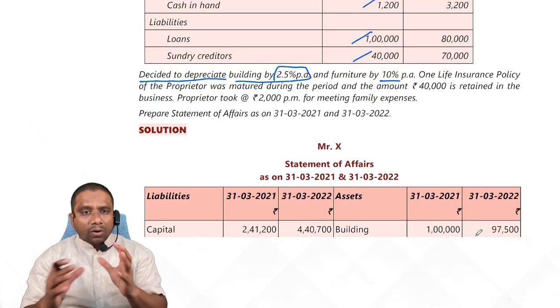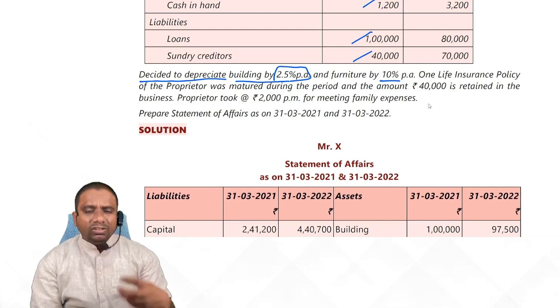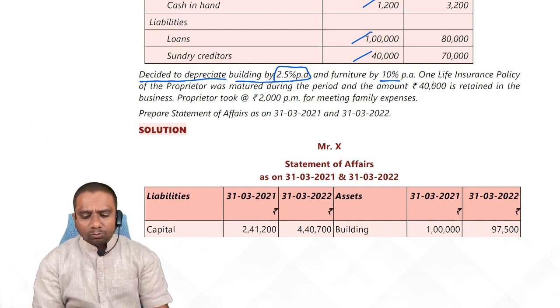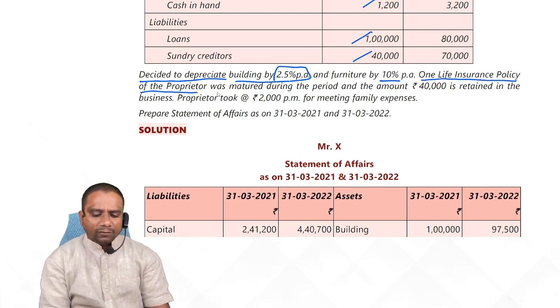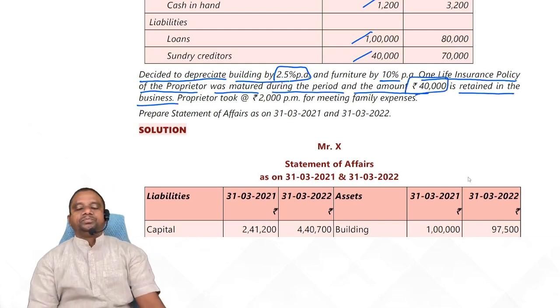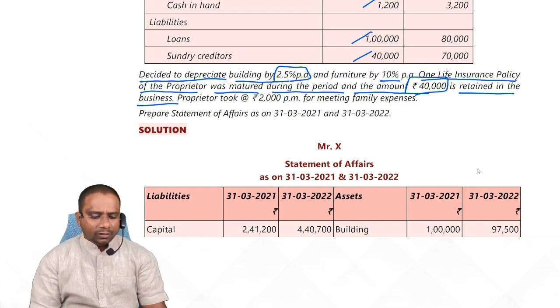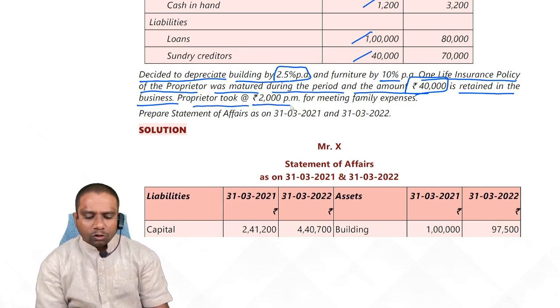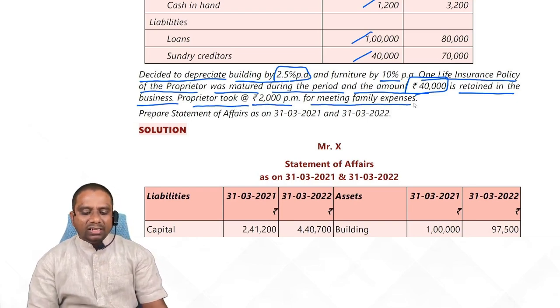Apart from that, they have also given some more information, that is one life insurance policy of the proprietor matured during the period and the amount 40,000 is retained in the business. The proprietor took 2,000 rupees per month for meeting family expenses.